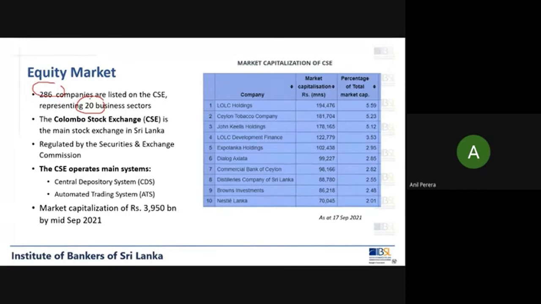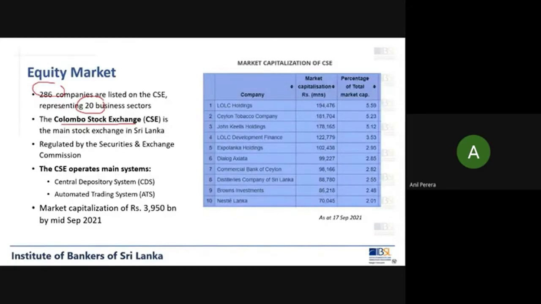How these are operating, doing their trading, it's actually at the Colombo Stock Exchange. This is the main stock exchange. But other than this, there are exchanges in Matara, Kandy. I hope there's one in Anuradhapura also. So these are some regional stock exchanges to facilitate transactions.